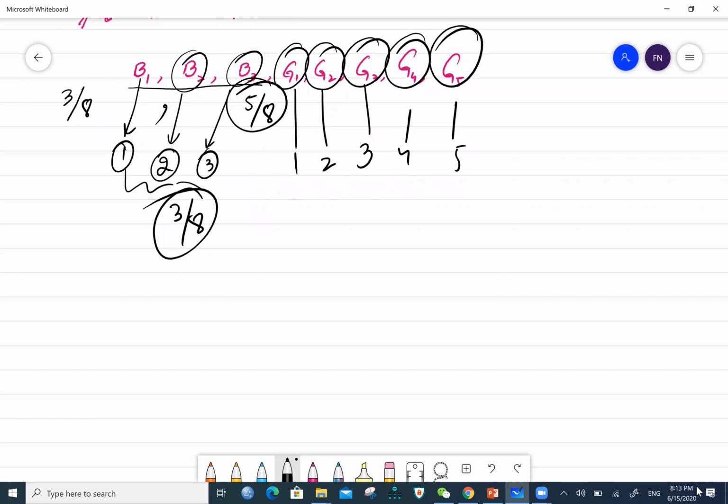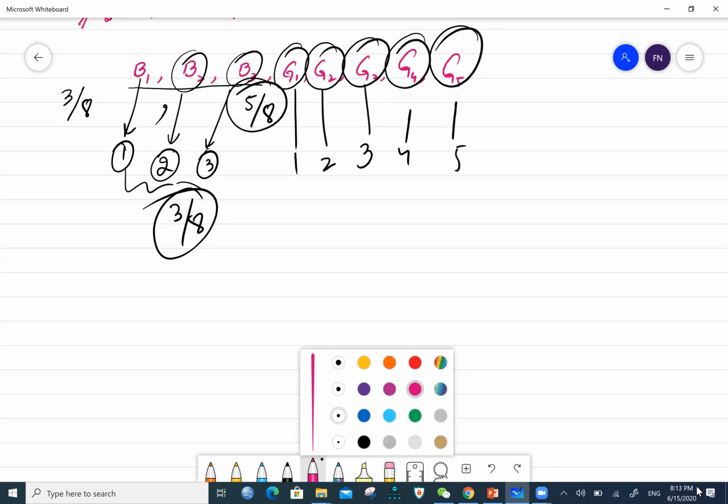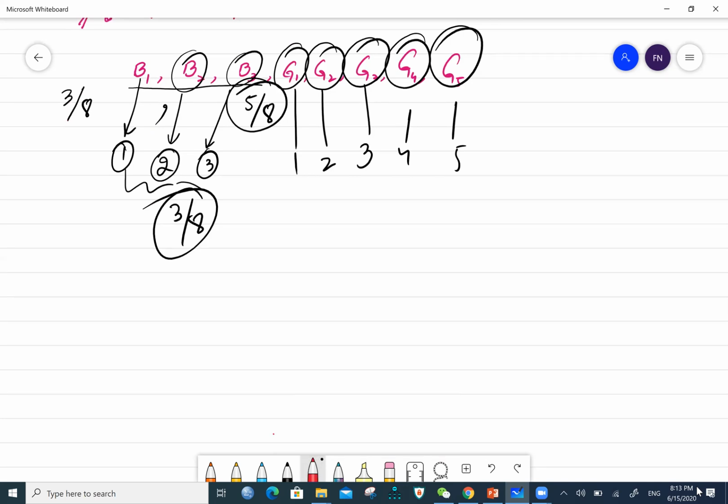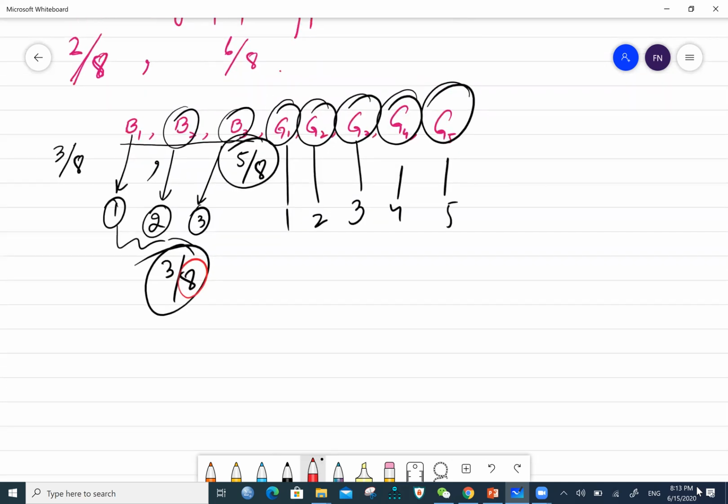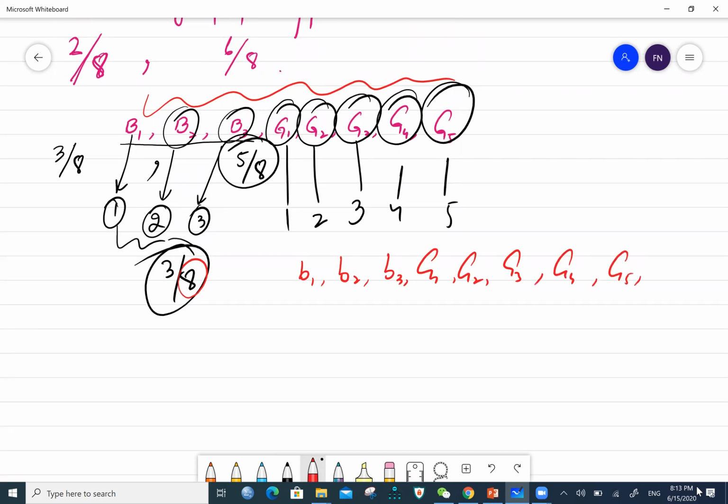Similarly, one more thing: why is there 8 in the denominator? Because there are 8 options: B1, B2, B3, G1, G2, G3, G4, G5.